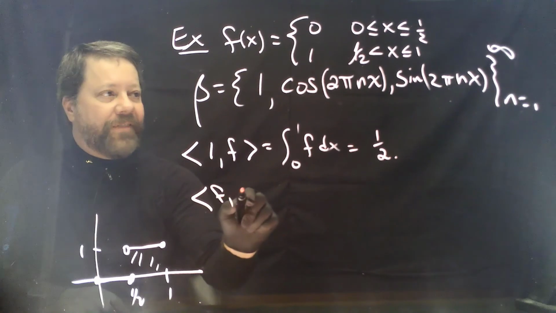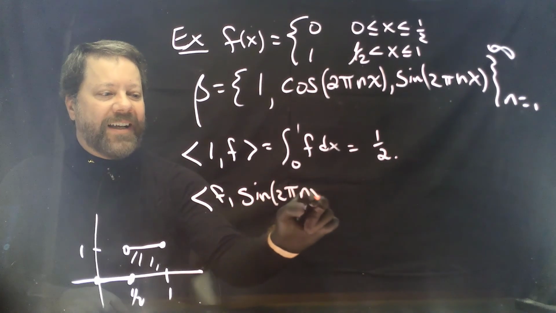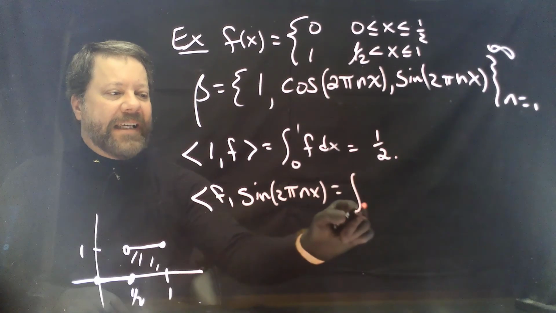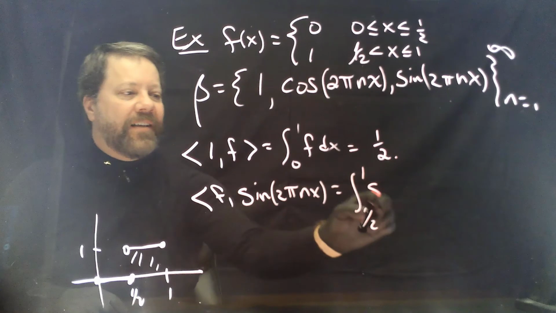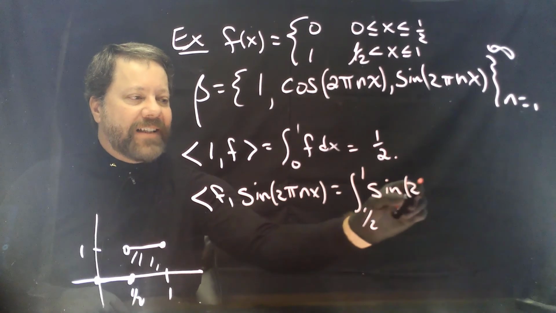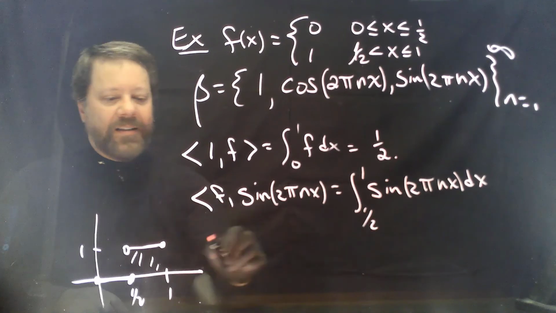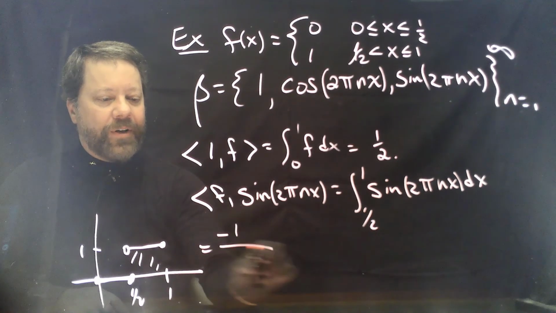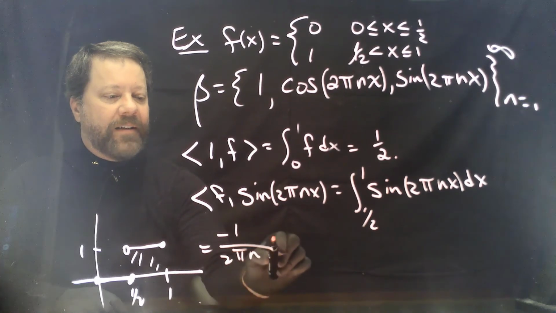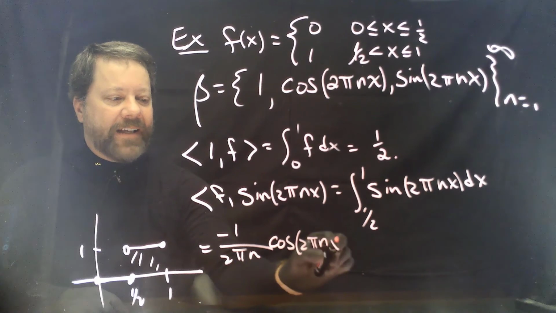Taking the inner product of f with the sine 2 pi nx, again, we pick up nothing until we get to 1/2. And then it's just going to be integrating sine. Using the fundamental theorem of calculus, we'll have negative 1 over 2 pi n, and then cosine 2 pi nx.